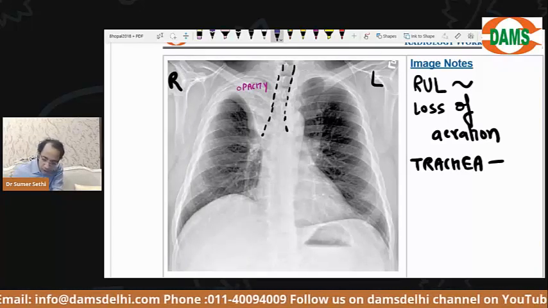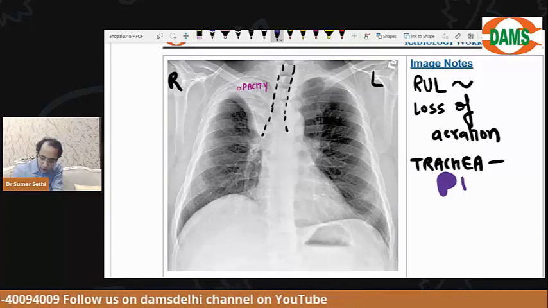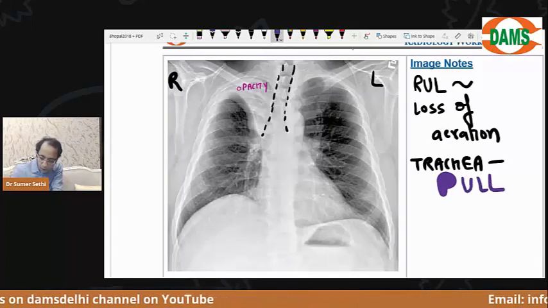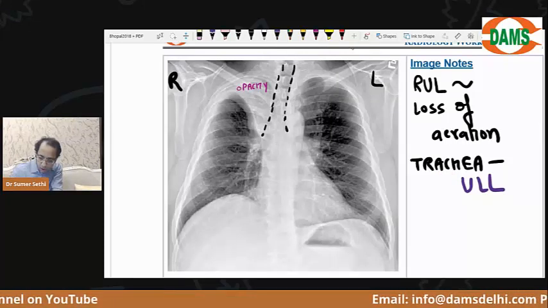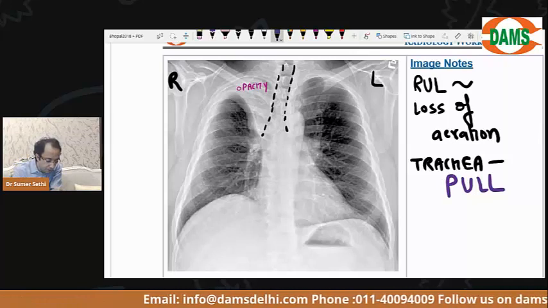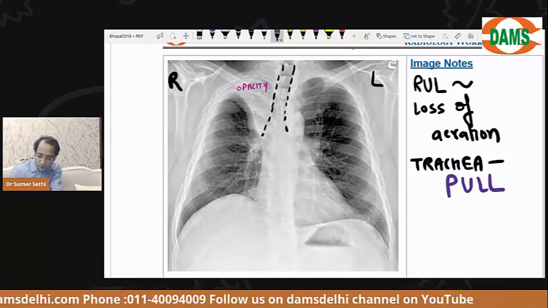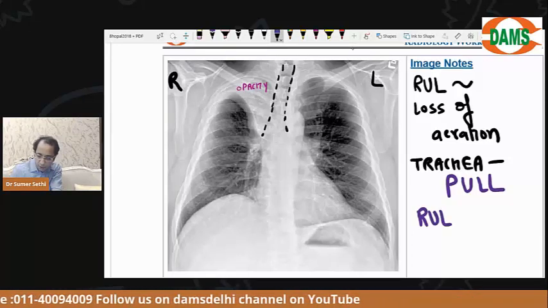What do you think? Trachea appears pushed or pulled? Pulled. Okay. Trachea appears pulled. Everybody follows? This is called right upper lobe collapse.